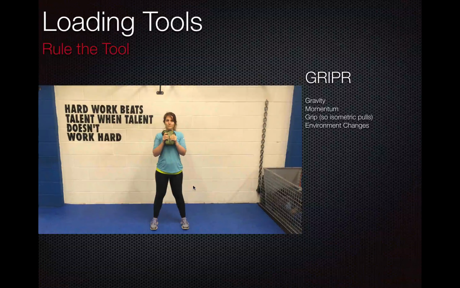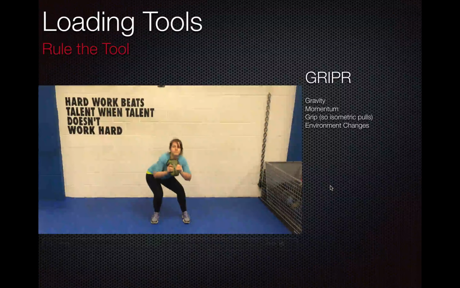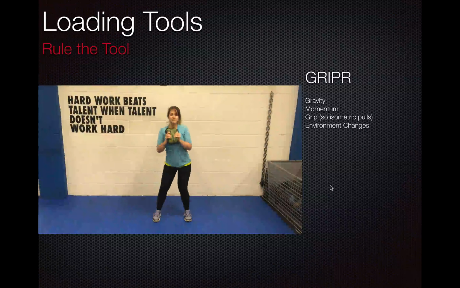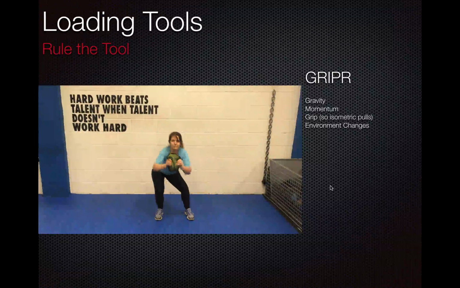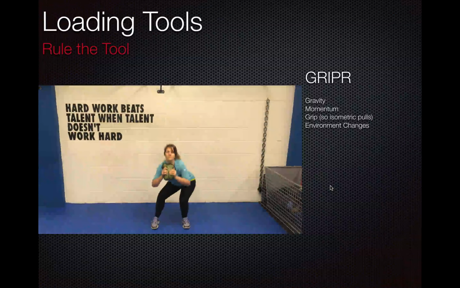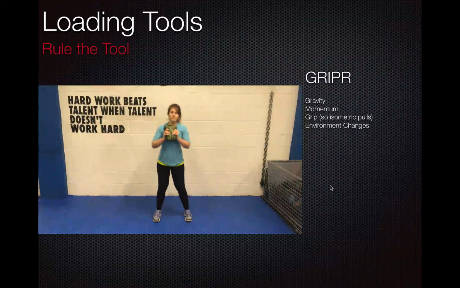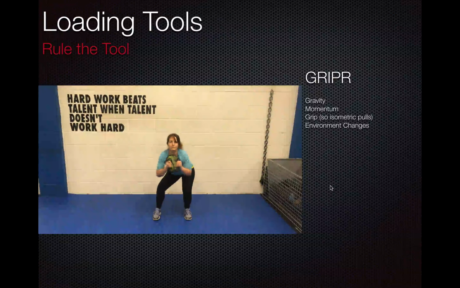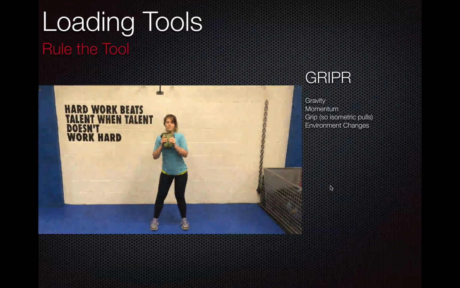Then we have a GRIPR or a sandbag or a steel bell or whatever you put in that bag full of stuff. I really like these. You can go quite heavy, use them for gravity, use them for momentum. The grips, really cool. You can get some isometric pulls or pushes on there, and that can change muscle recruitment and posture as you move.